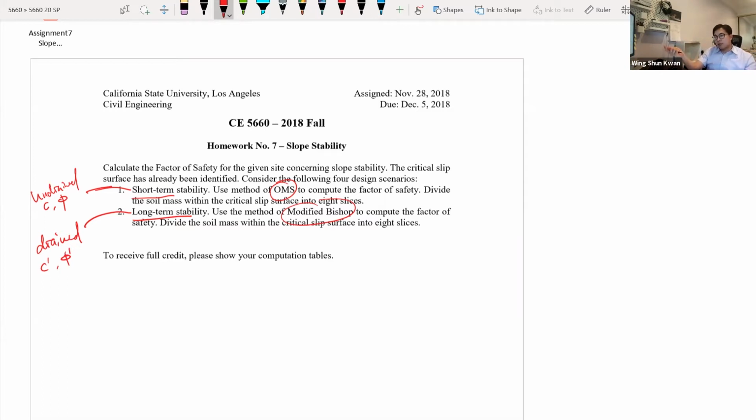Do it for clients, go get the soil samples and ship them to the lab, and then tell the lab which tests to be done. And at the end of the day, what parameters do you get from the lab results? Should you get c prime or c? Should you get a phi prime or phi? You need to make all those decisions, and because you understand what type of analysis you need, then you can use the proper parameters.